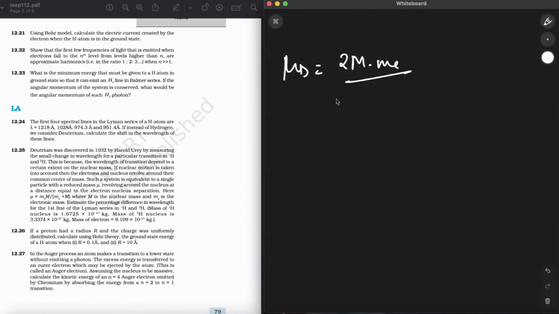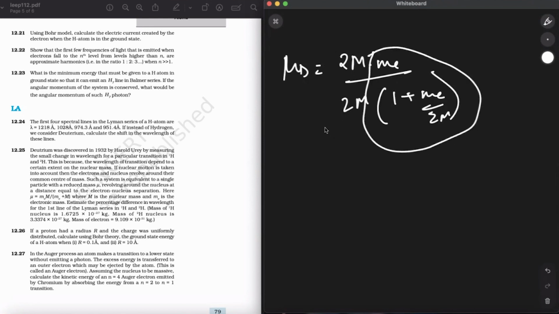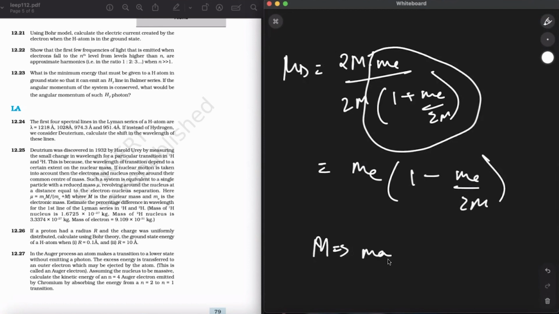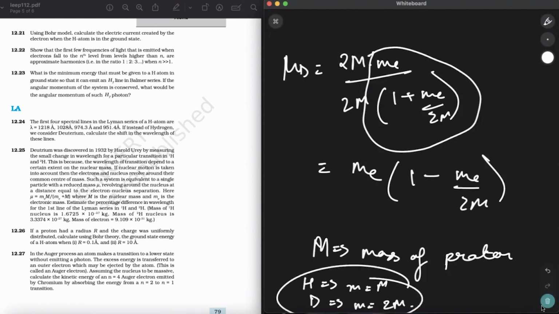If I take the M out of it, and 2M down here also, 1 plus Me upon 2M. I have multiplied and divided by 2M for it to be easy for me to visualize that it can be written like 1 minus Me upon 2M. Alright. Now, where M is the mass of proton. What is M? M is the mass of proton. And for hydrogen, mass is equal to M. For deuterium, mass is equal to 2 times M. Simple. Alright.